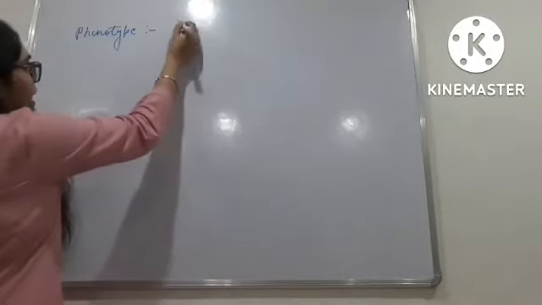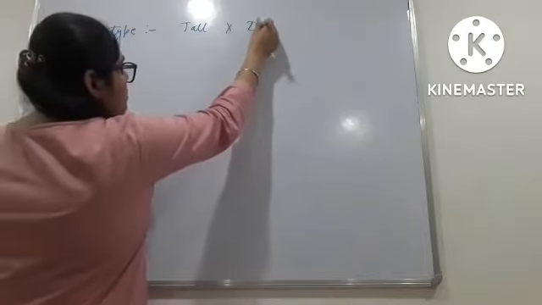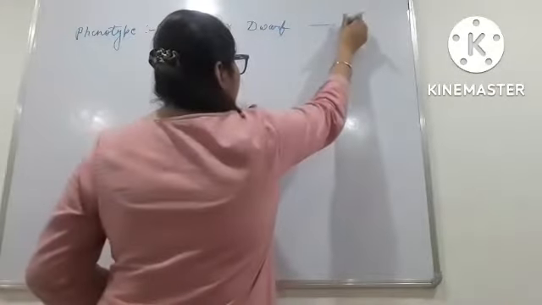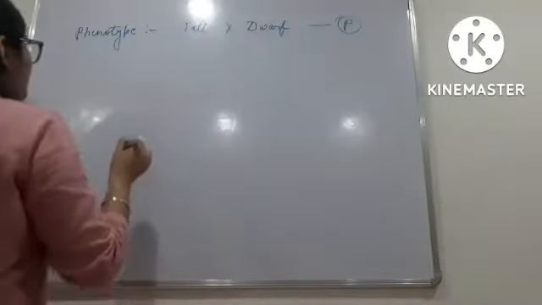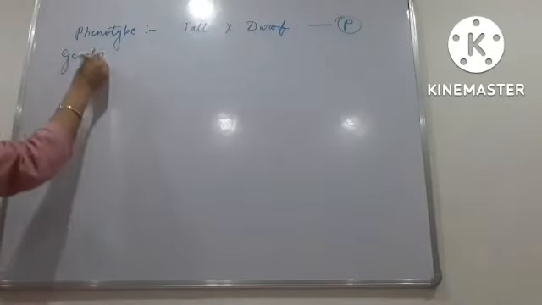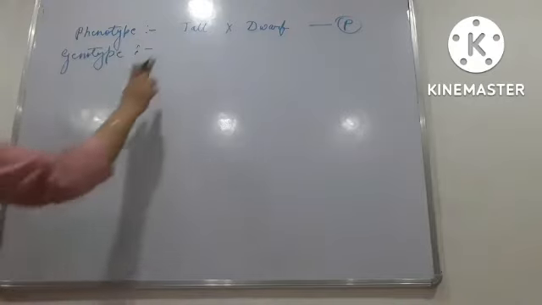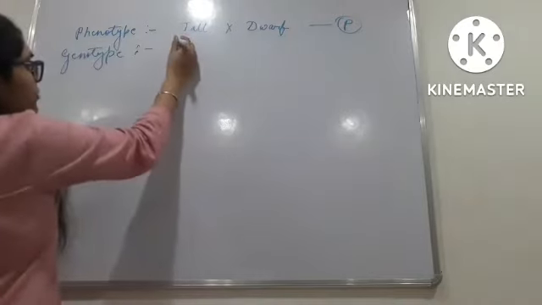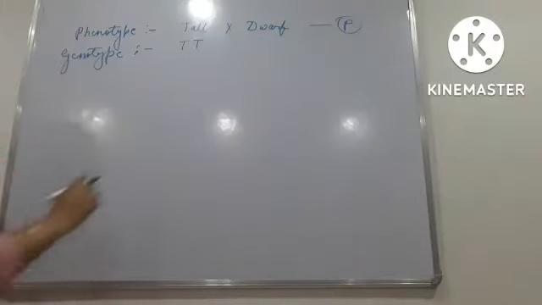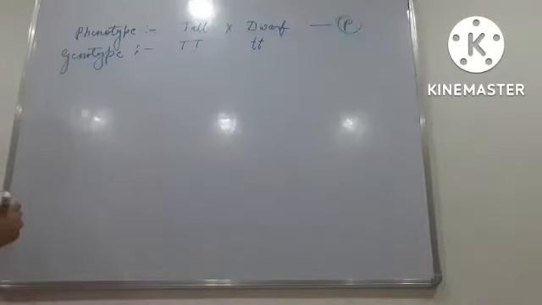Phenotype like tall and dwarf. This is the parental form. Okay, genotype: since tall is true breeding, we can write TT for tall and small t for dwarf.